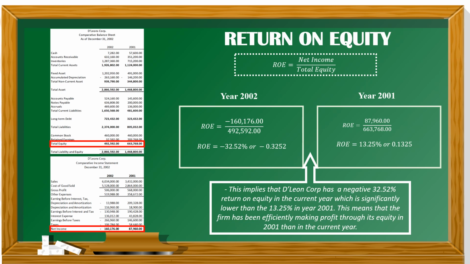And this means that the firm has been efficiently making profit through its equity in the year 2001 than the current year. So from all the five profitability ratios, it shows that in 2001, De Leon Corp has been doing great, yet in 2002, there was a downfall on the operations, especially on the profit making of the company.